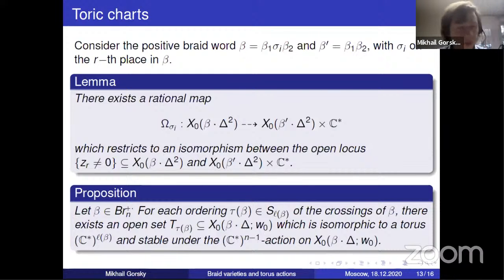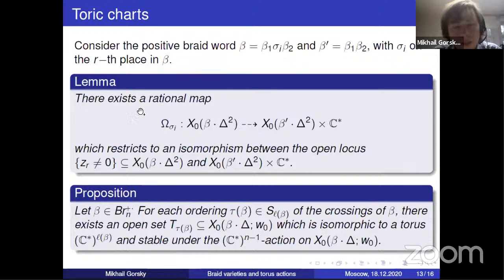I have 11 more minutes, so I can describe it in a few details. If we take a braid word with sigma i somewhere in the middle and just remove it to obtain a new braid word, this is usually called opening the crossing sigma i in the braid word beta.